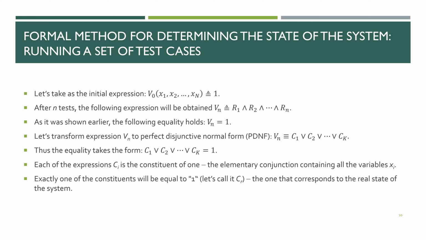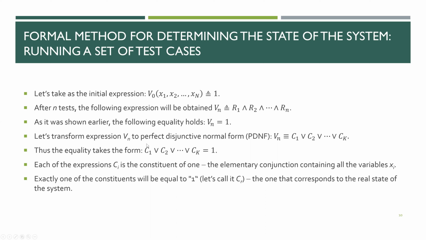As was shown earlier, the following equality holds: Vn equals 1. We started from constant 1, so we can omit it here, and then we do the procedure described on the previous slide, and then we can obtain Vn.